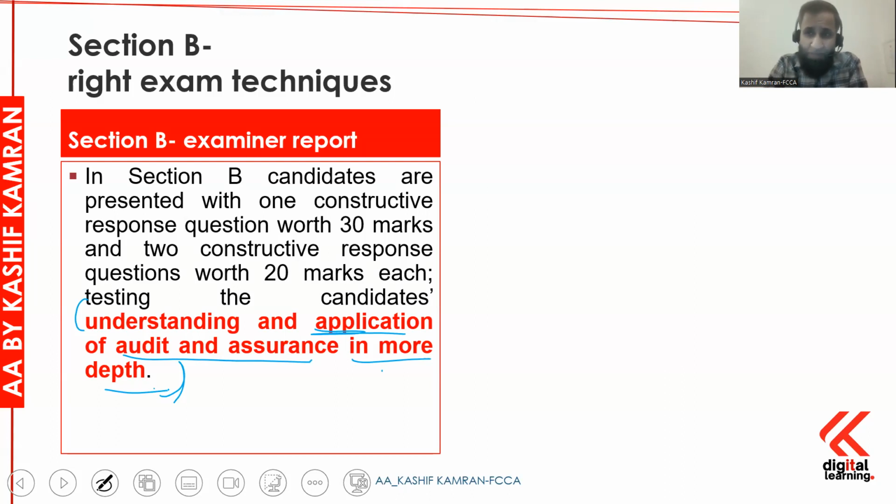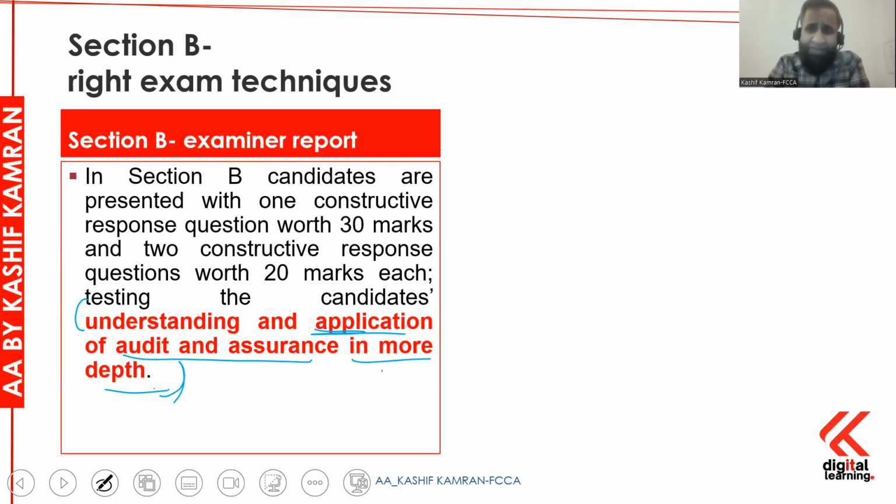So section B needs the application of your core syllabus area. And you know the core syllabus areas are syllabus areas B, C, D, and E. B is audit and planning, C is internal control, D is audit evidence, and E is completion and reporting. Ethics or corporate governance from syllabus area A do come in section B, but not very often.